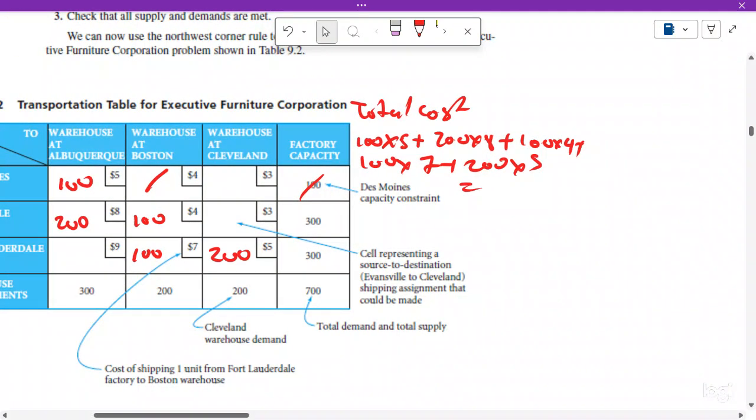I was hoping to find the answer then write it so that we can move along. 100 times 5 plus 200 times 8 plus 100 times 4 plus 100 times 7 plus 200 times 5. I'm getting 4,200.